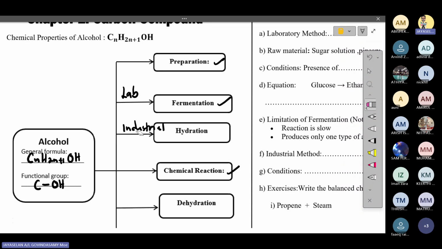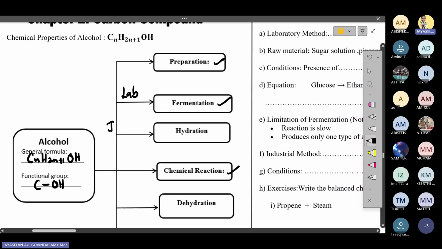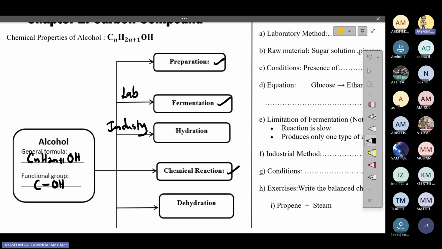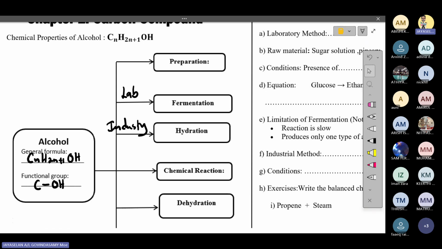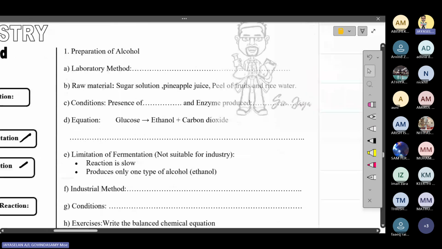In industry, you want to prepare various alcohols in a very fast and effective way: hydration. Hydration means you take alkene reacted with steam in the presence of concentrated phosphoric acid, 300 degrees Celsius, 60 atm. You will get various alcohols. Any question? We finish these 2 first, then we go for chemical reactions. Okay, number 1.